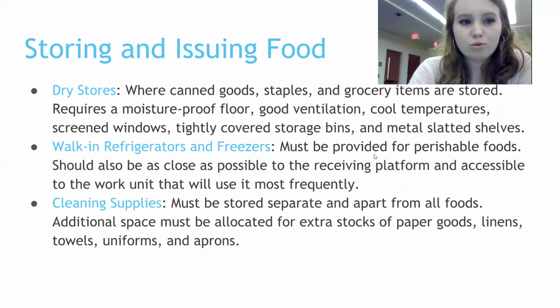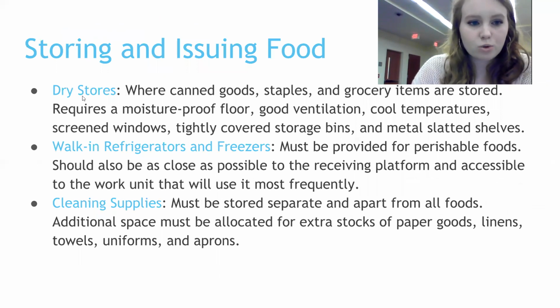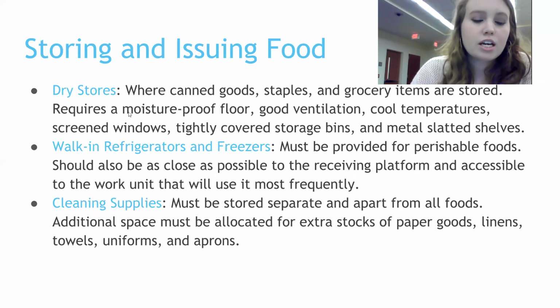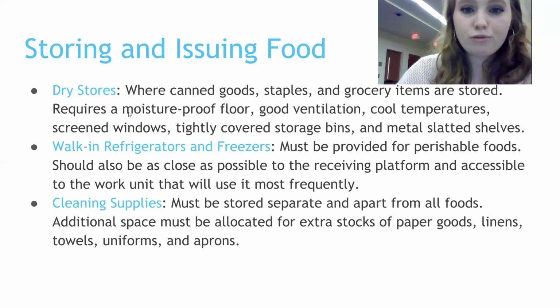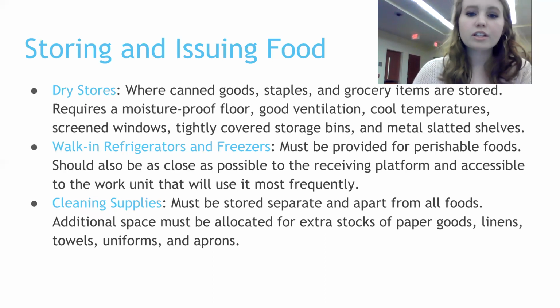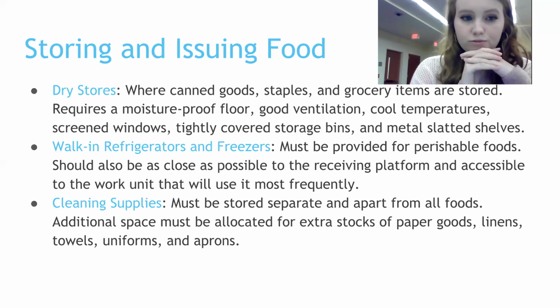The storing and issuing food area consists of dry stores, walk-in refrigerators and freezers, and cleaning supplies. The dry stores are where the canned goods, staples, and grocery items are stored. They require a moisture-proof floor, good ventilation, cool temperatures, screened windows, tightly covered storage bins, and metal slatted shelves.